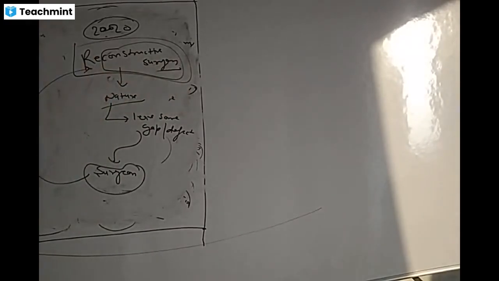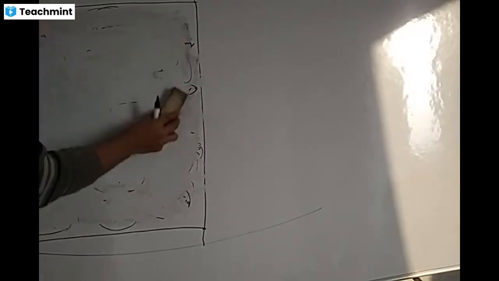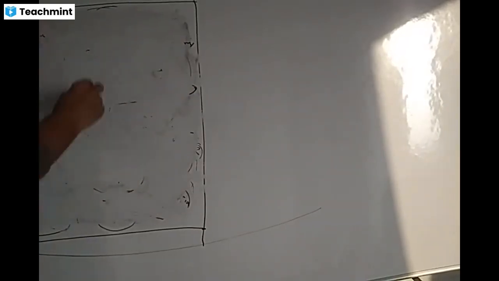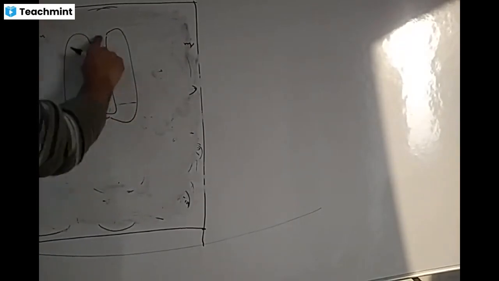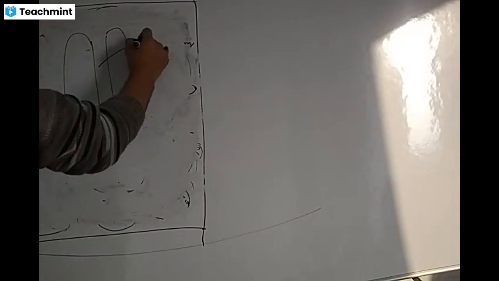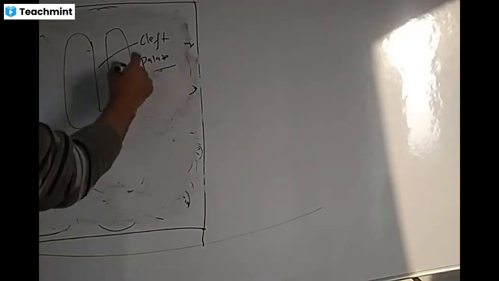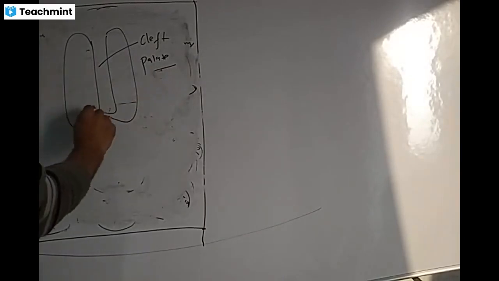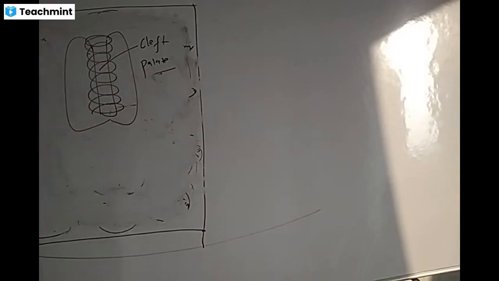So what comes under your reconstructive surgeries? Suppose this is the palate and this is the gap. So we call it cleft palate. We suture the cleft palate and it is reconstructed.